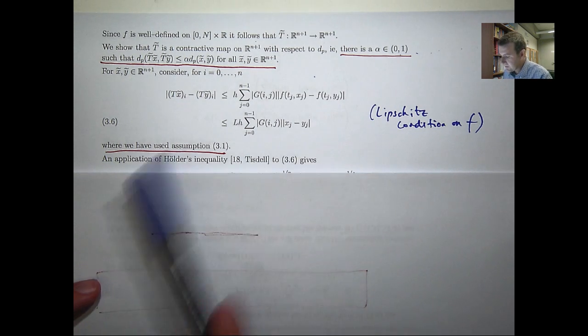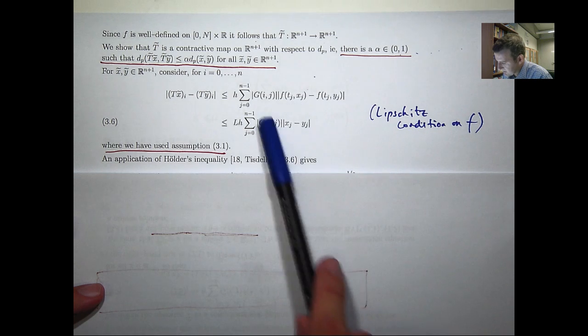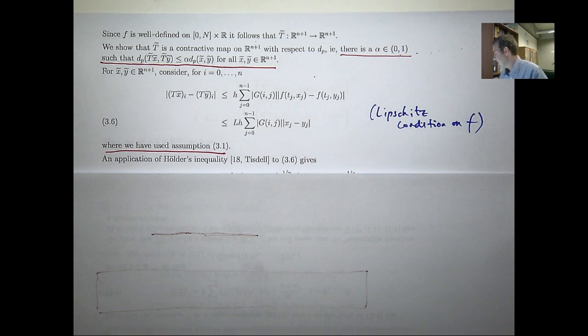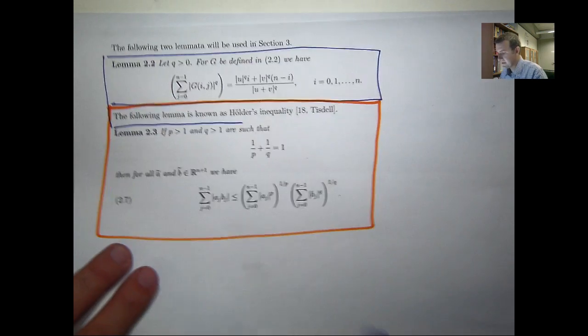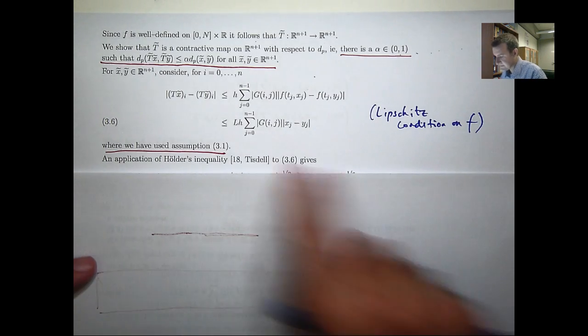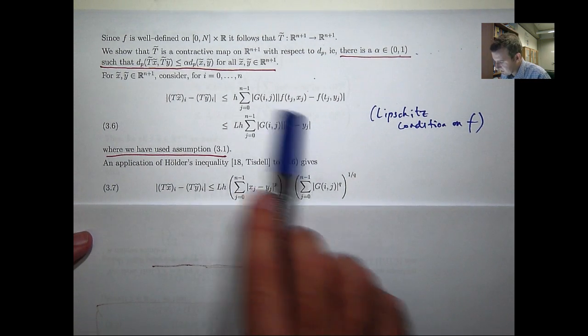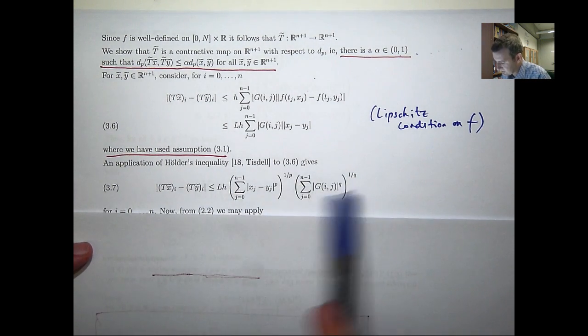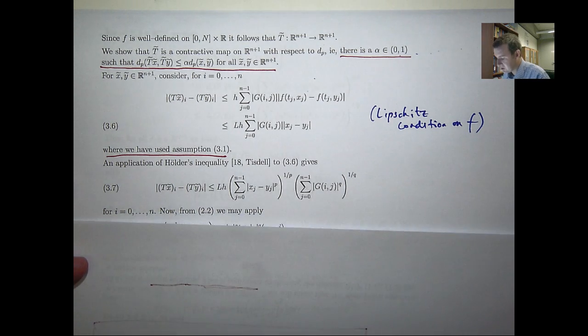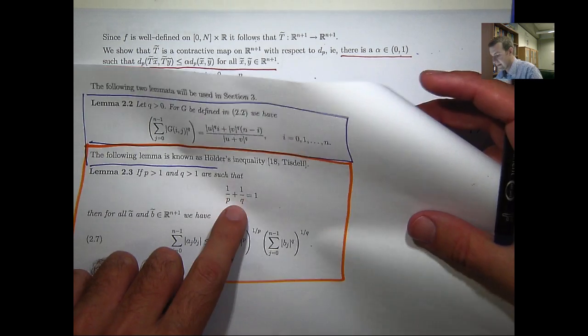And then what we can do now is, you notice I've got a sum here of two expressions multiplied together. I can apply Hölder's inequality to this sum here. So essentially this right-hand side can be made less than or equal to this for some p and q strictly greater than 1, which satisfy this.